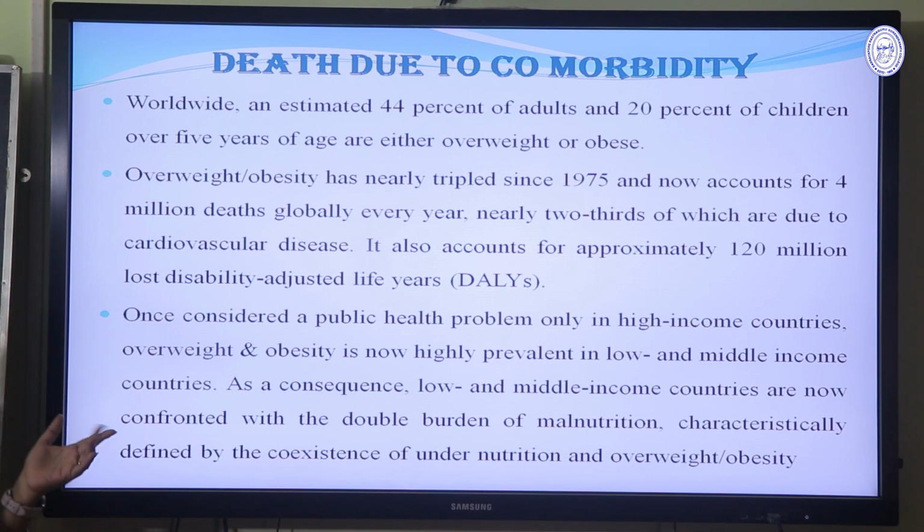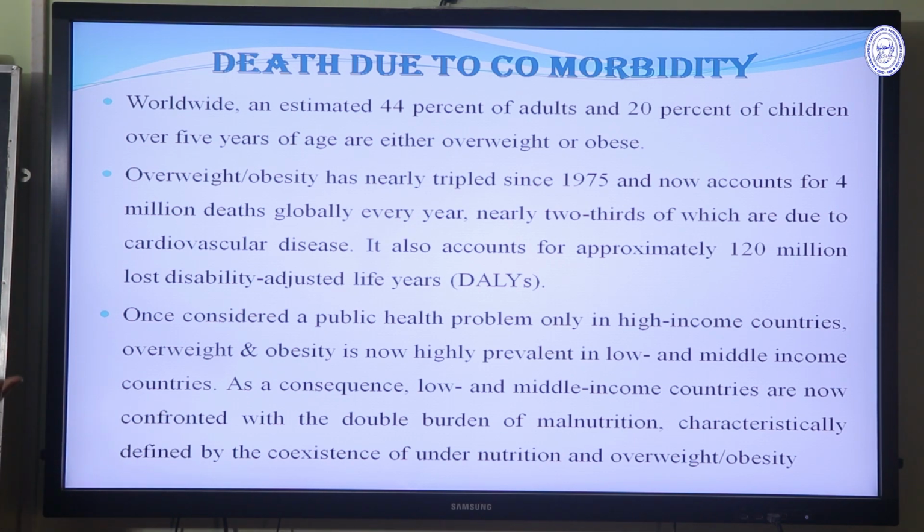Worldwide, an estimated 44% of adults are suffering from obesity, and 20% of children and adolescents, those aged 5 to 19 years, are suffering from either obesity or overweight.